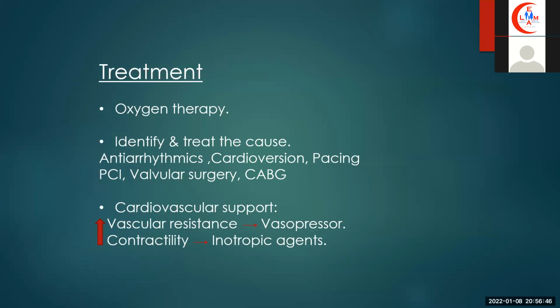The problem is in the heart. The heart is not pumping blood to the tissue, so you can support them with vasopressors or inotropic agents to increase the contractility of the heart. You can give them adrenaline or dobutamine. Dobutamine is a good drug which acts on the beta-1 receptors.